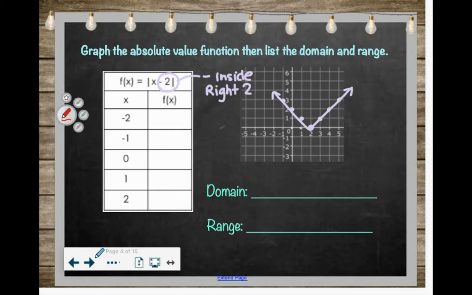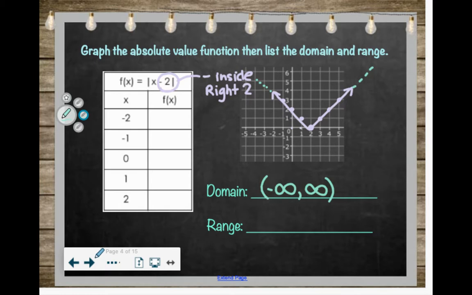Okay. Then we're going to come down here and look at the domain and range. Remember that the domain starts off with how far to the left. Going to the left of my graph, it just keeps going to negative infinity. Going to the right, it keeps going to positive infinity. And then we're going to use parentheses because we don't use brackets around infinities, since you can't equal infinity.